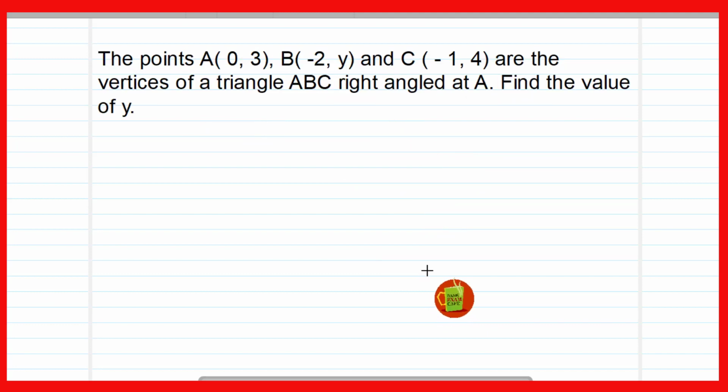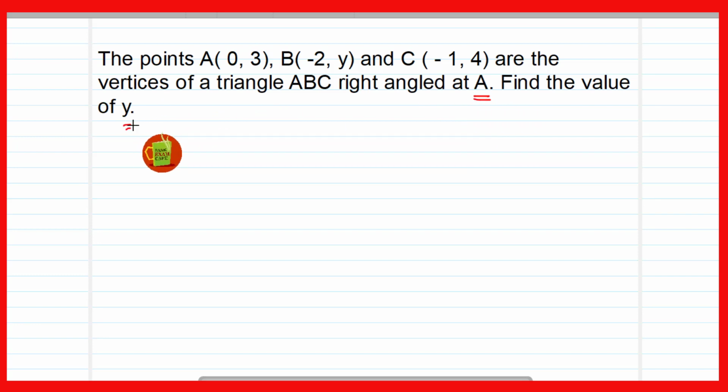See the next question. The 2 points A whose coordinates are 0 and 3, B whose coordinates are -2 and y, and C whose coordinates are -1 and 4 are the vertices of triangle ABC right angled at A. Find the value of y.